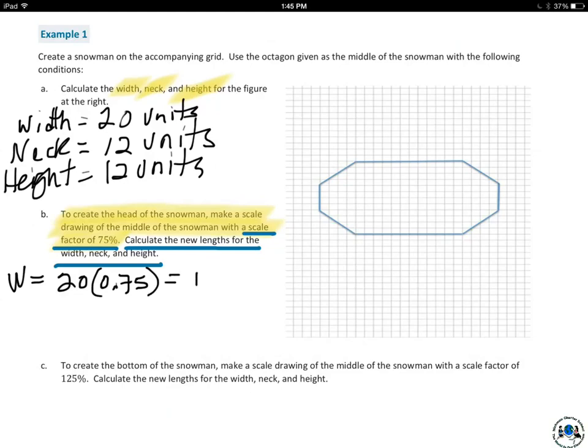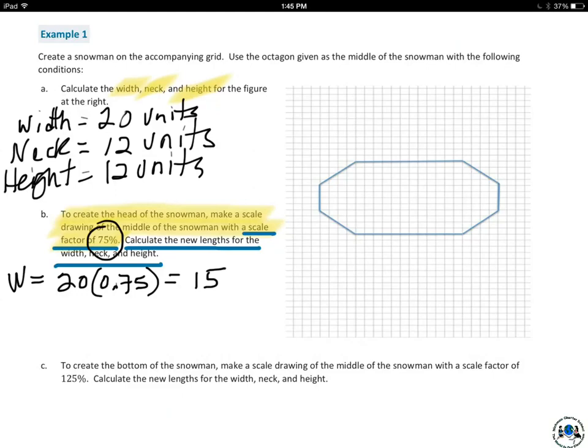For the width, our new width, as our new quantity, is 20, which is the original, times the scale factor, which is 0.75, and that's going to give us a new scaled down width. We can tell it's scaled down because it's reduced, because it's 75%, which is of course less than 100%. 15.